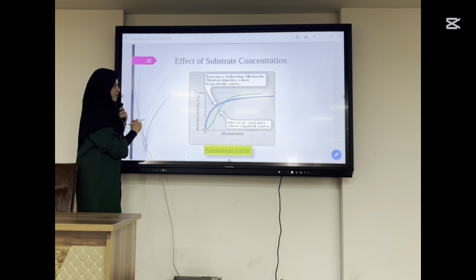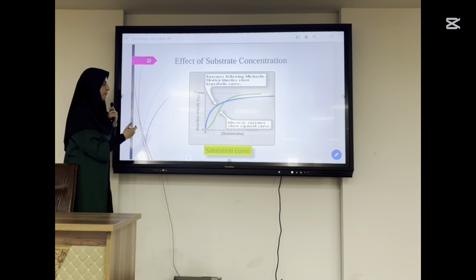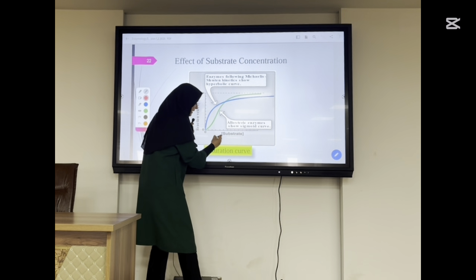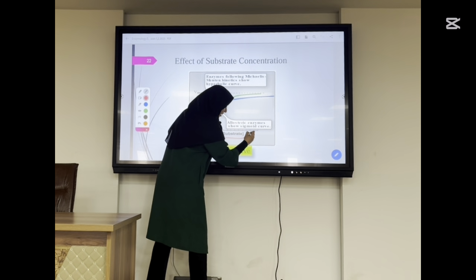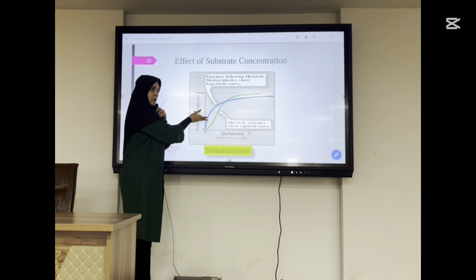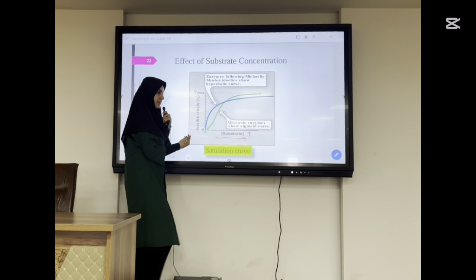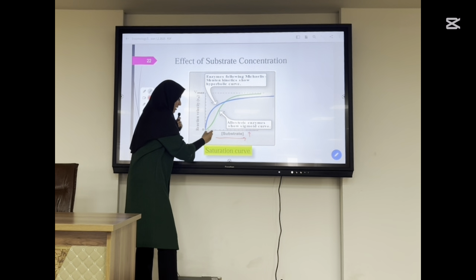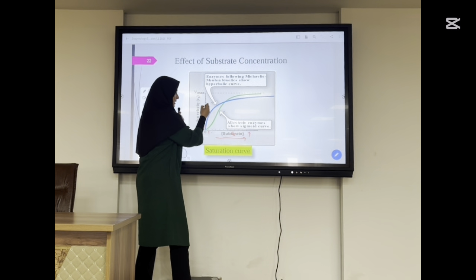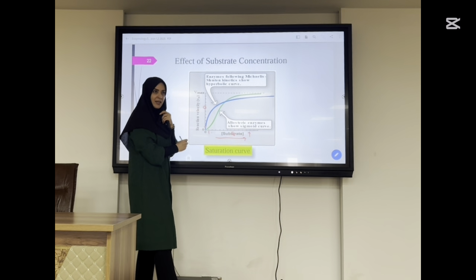I want to ask a question. This curve, what does it mean? It means that following the increase in substrate concentration, the velocity also increases and rises. Is it clear? For example, if I add one substrate, this is the rate. With 2 substrates, and if I add 10 substrates, the rate is this point.